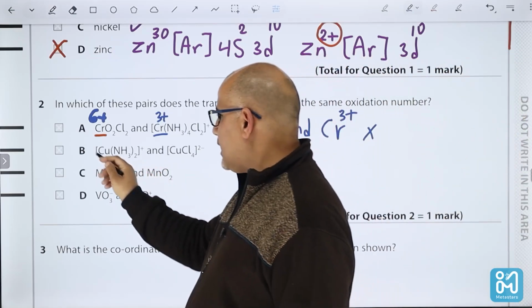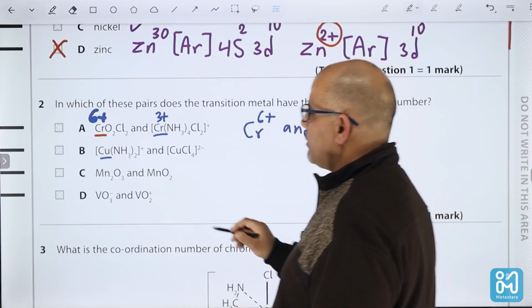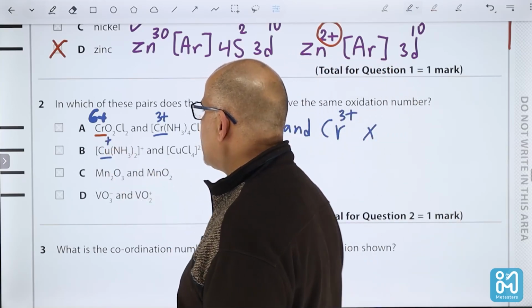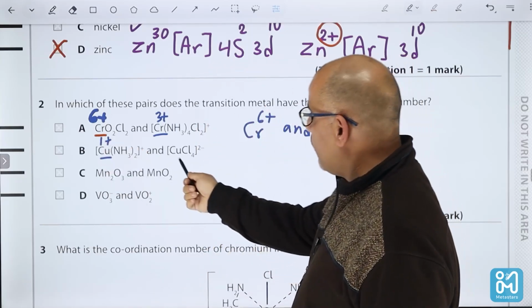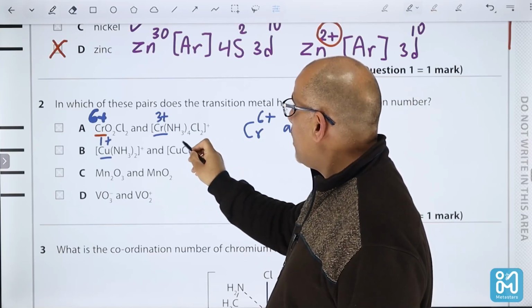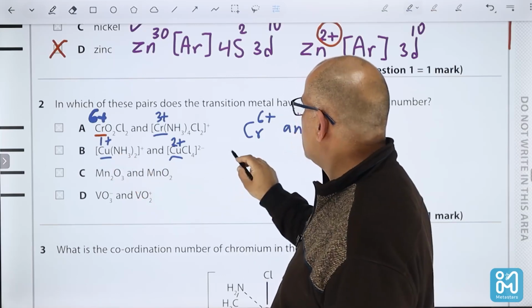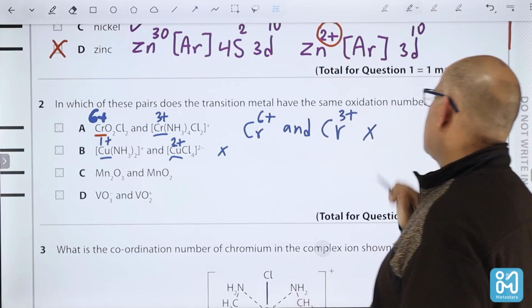For part B, the oxidation number of copper there is positive 1, since ammonia is neutral. And for the other copper, it is positive 2. Also, they are not equal, so this is not the case they are asking about.